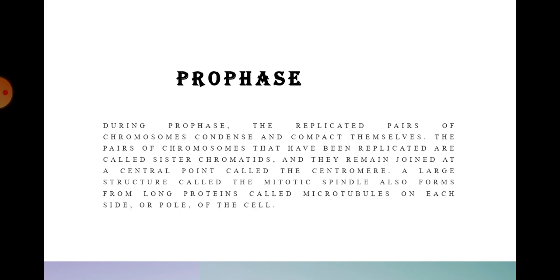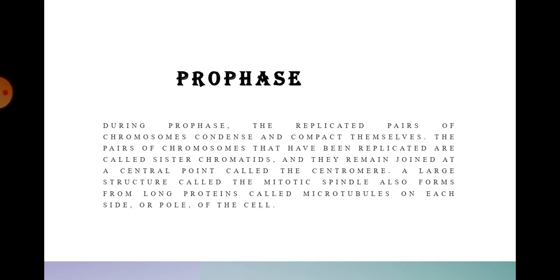The first is prophase. During prophase, the replicated pairs of chromosomes condense and compact themselves. The pairs of chromosomes that have been replicated are called sister chromatids, and they remain joined at a central point called the centromere.